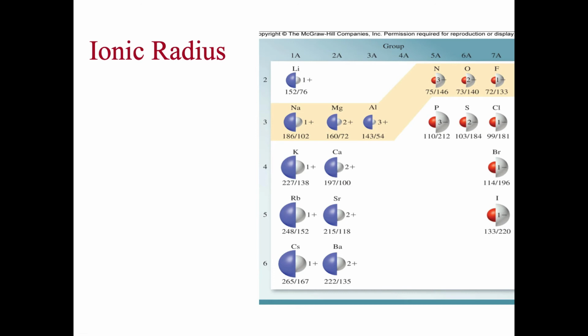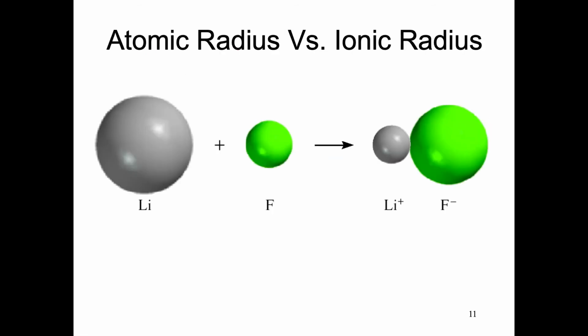And so it's becoming larger when it gains an electron. So when an atom loses electrons, it becomes smaller. When an atom gains valence electrons, it becomes larger, which is pretty intuitive, and that's the idea of ionic radius.